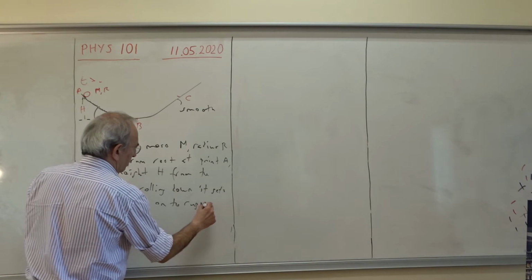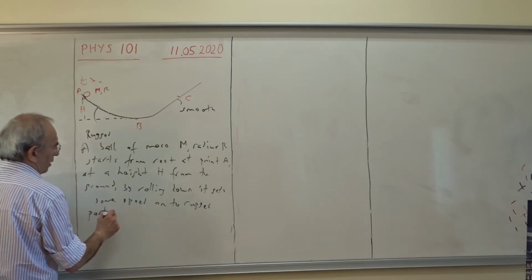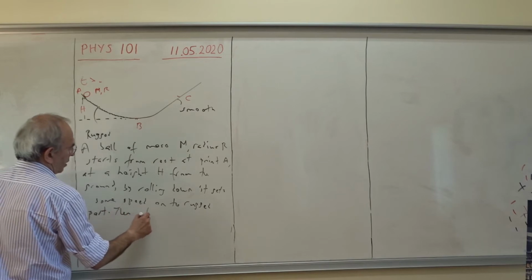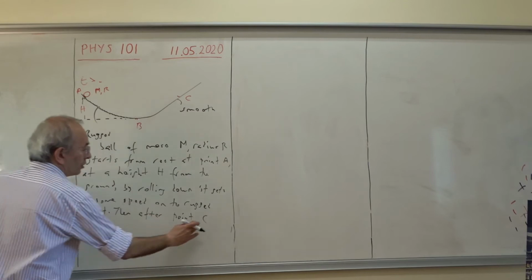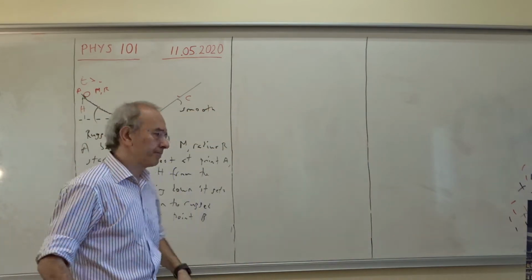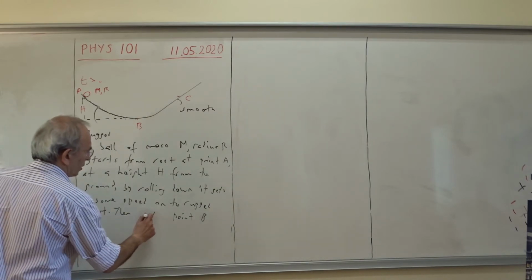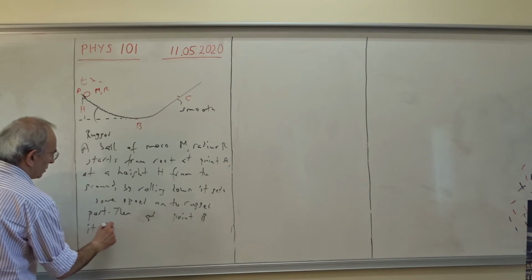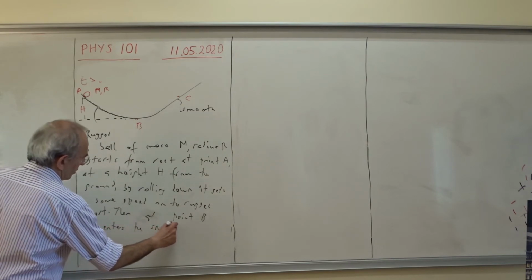On the rugged part, then after point B, it enters the smooth part.